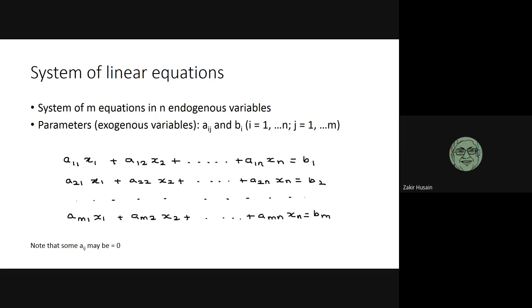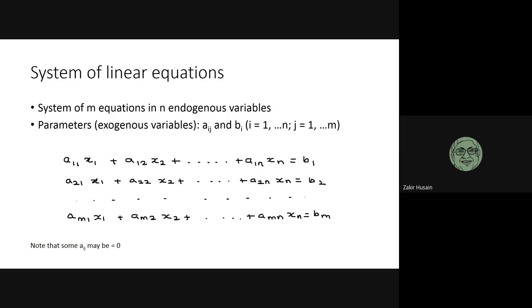Now, what is a linear equation system? Suppose we have a set of m equations, and in these m equations, we have n endogenous variables. These endogenous variables are x1 to xn, and we have some parameters. The a's are the parameters, the b's are the parameters.